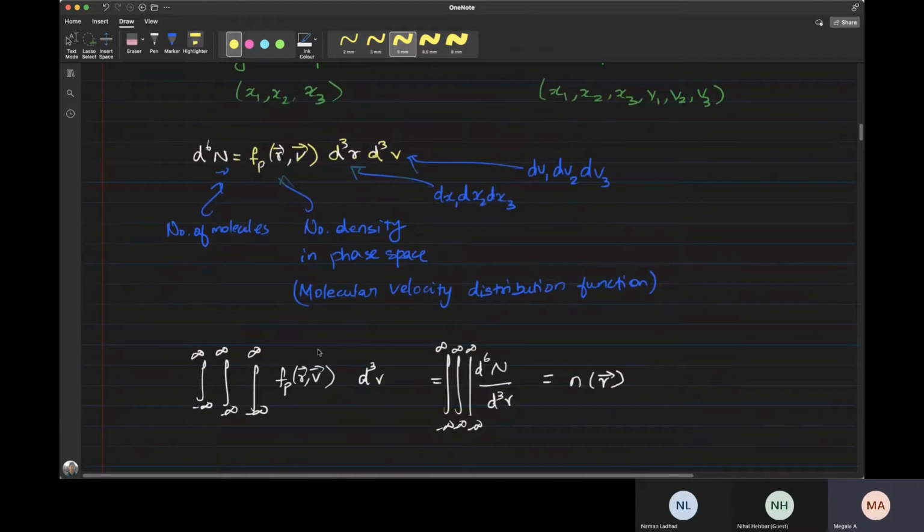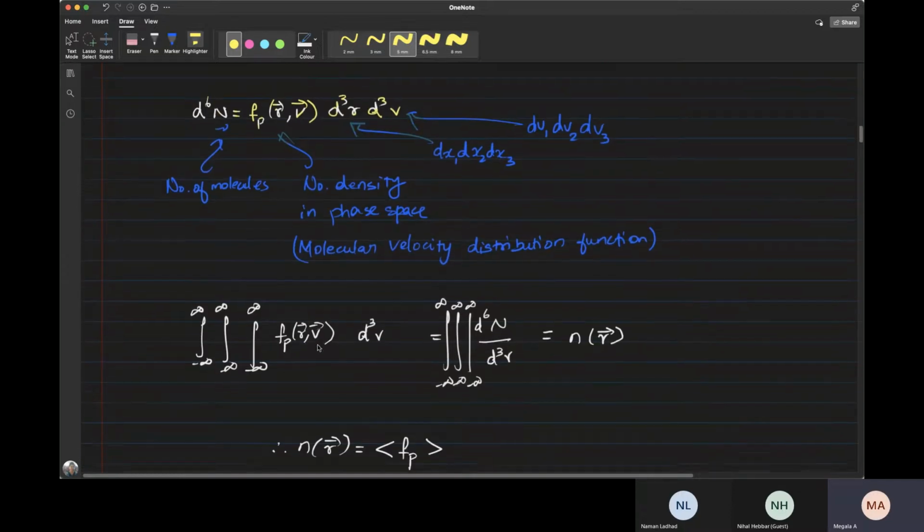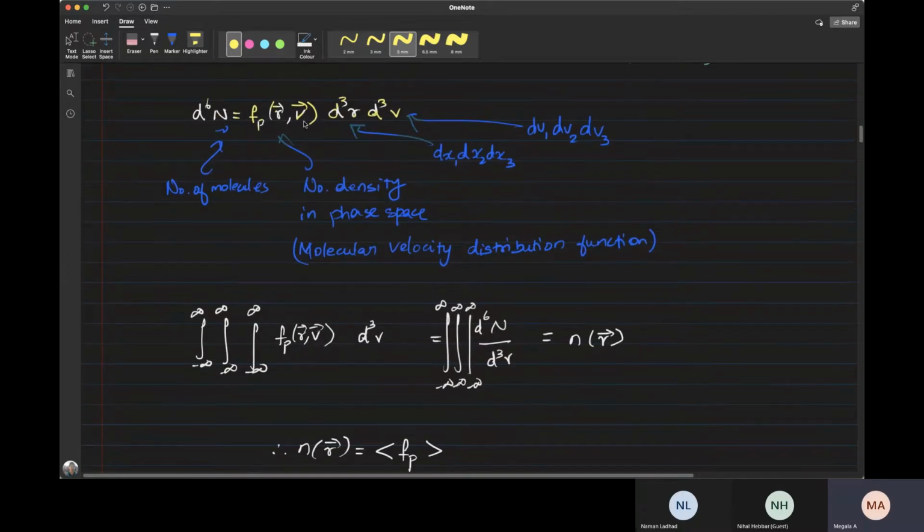So now let us integrate this number density with respect to only velocity volume. fp of r vector comma v vector is, from this expression, d to the 6 n by d q bar. This fp into d cube v becomes d to the 6 n by d q bar. When you integrate this quantity, you'll get something as a function of r vector alone, because you have integrated this quantity out with respect to velocity.